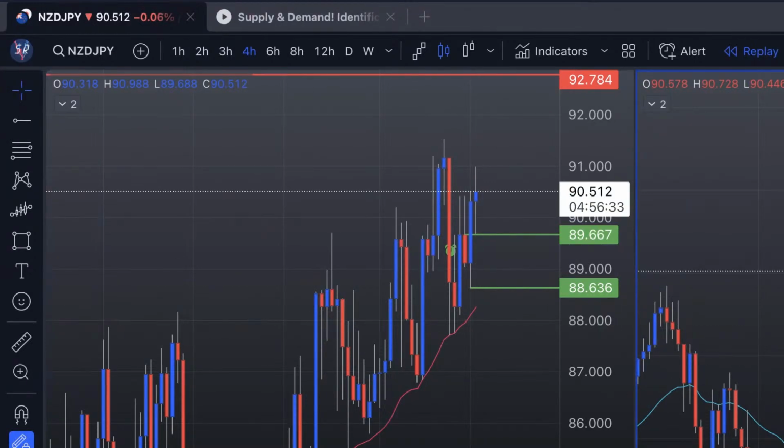See, my position sizes are super small in each individual one. I'm only risking 0.5% on any of these trades. So I kind of trade like a basket, several currencies against the yen and several currencies against the dollar. Not all of them are going to hit at the same time. Not all of them are going to move the same exact way.